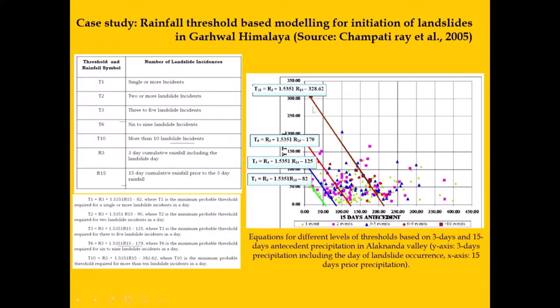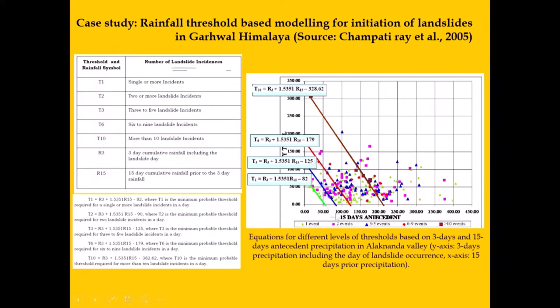So it simply means that if the landslide has not happened and you want to do this analysis in a predictive way, whether 5 landslides will happen in a particular area, you get this T3 from previous rainfall and monsoon data.